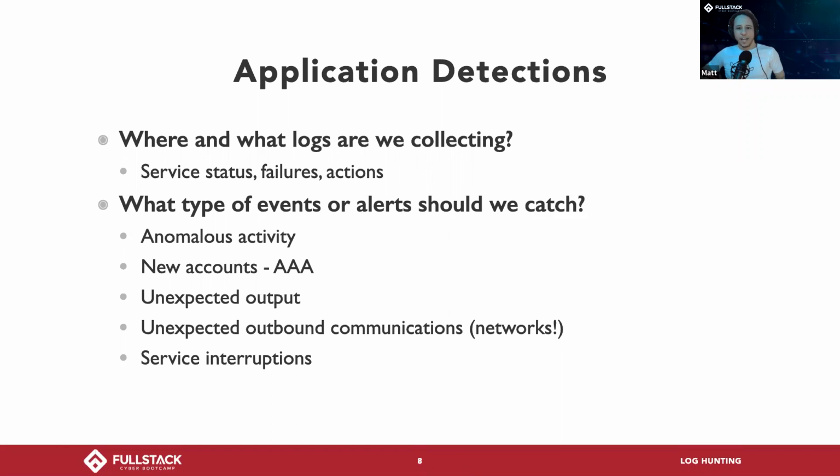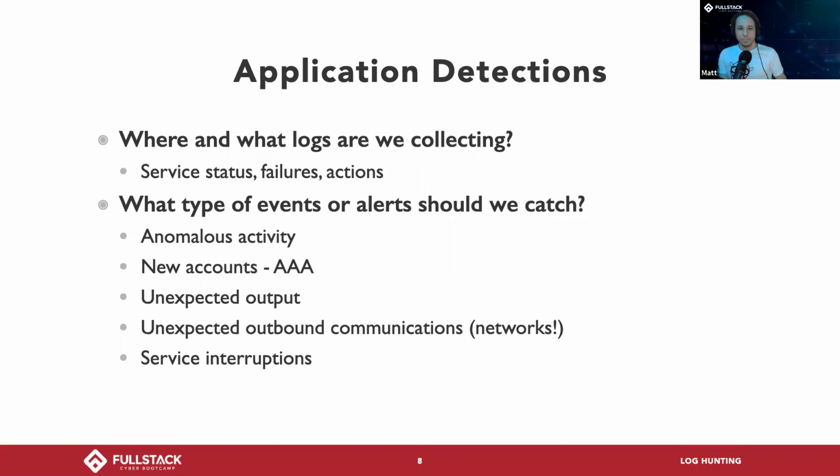Service interruptions. Oftentimes we'll detect intruders because they break something. I'm sure you guys have had the experience in PWK where you maybe break a particular service that's running on that machine as you try to do your privilege escalation or something like that, and you end up having to restart or revert the machine. This happens in the real world too, as adversaries are inside the network and maybe they're trying to do some lateral movement or escalate their privileges, and they end up breaking something.